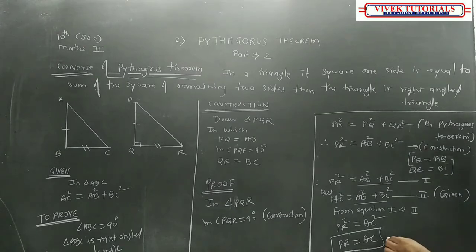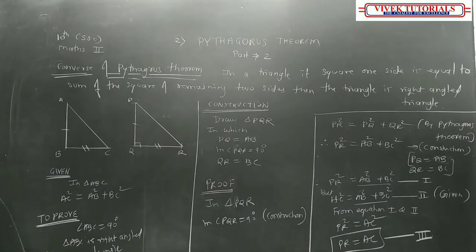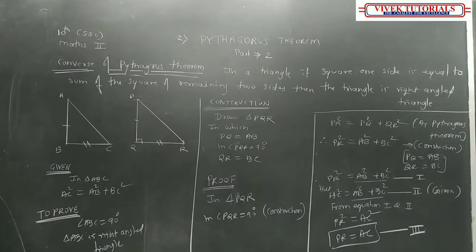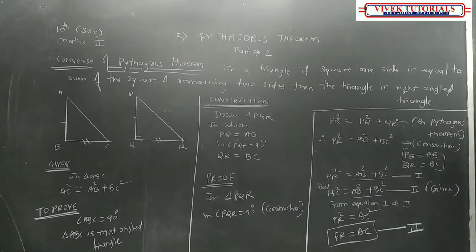PR is equal to AC is equation number 3. Okay, got it now? So PR is equal to AC, right?